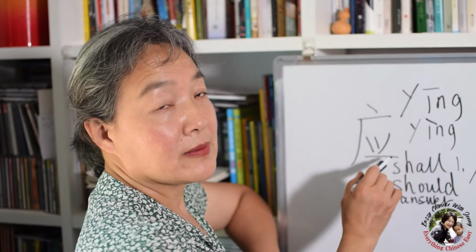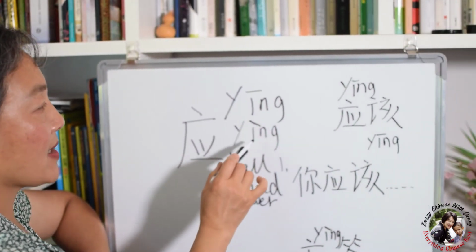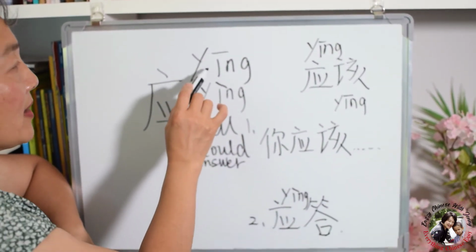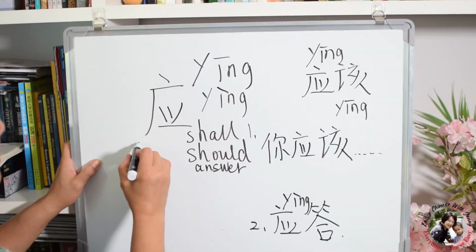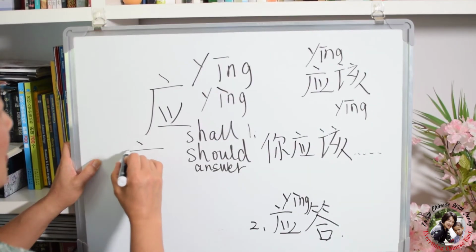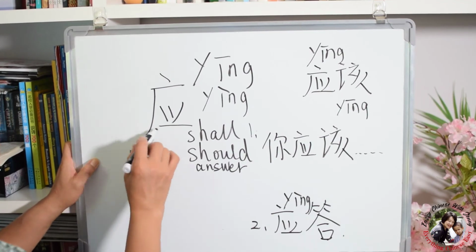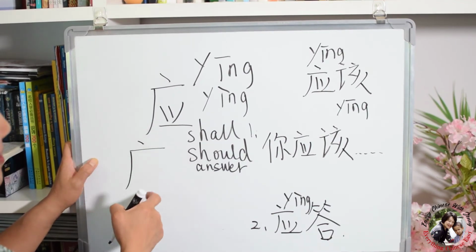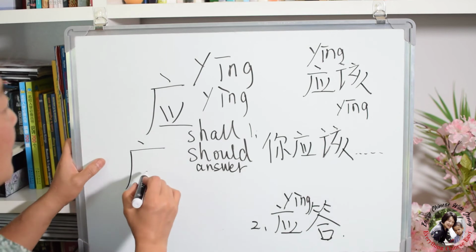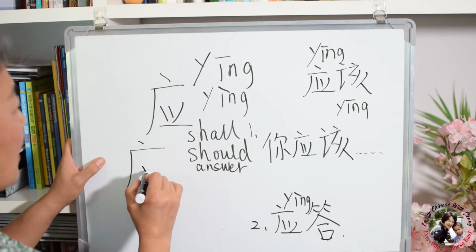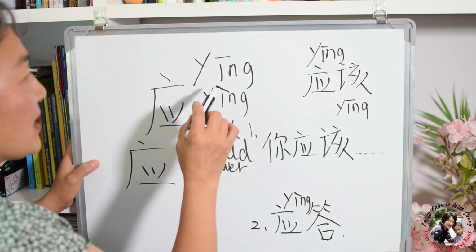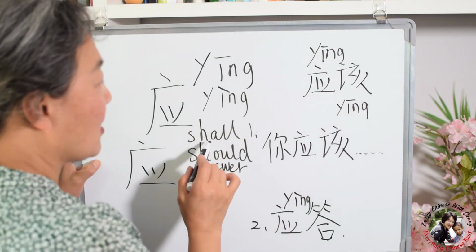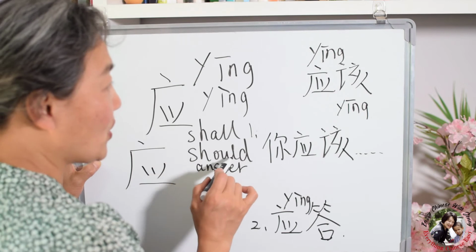This character also has two pronunciations. One is yīng, another one is yìng. 点横撇 广, this character means 广, broad. And then 点撇横. When its pronunciation is yīng, it means you shall or should.